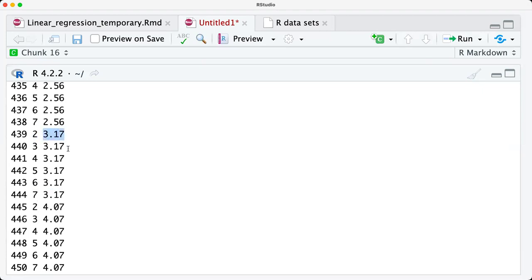So for each value of familiarity, 3.17, you have 6 possible lengths in letters.